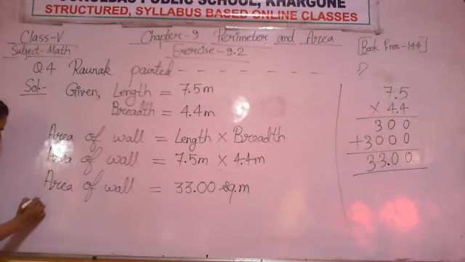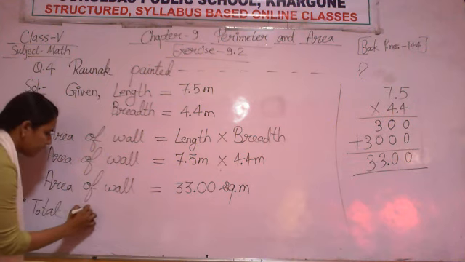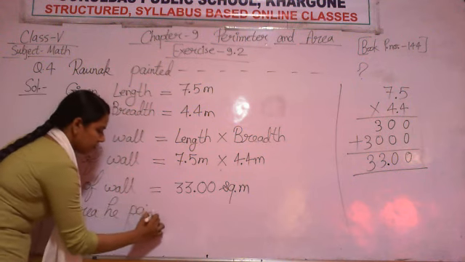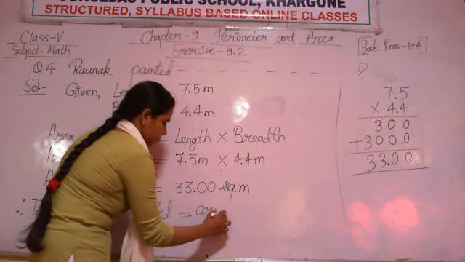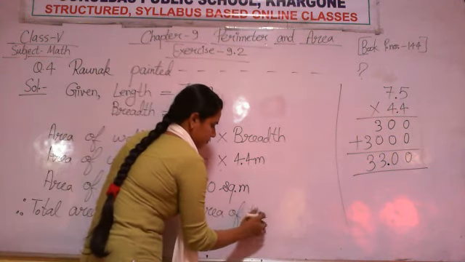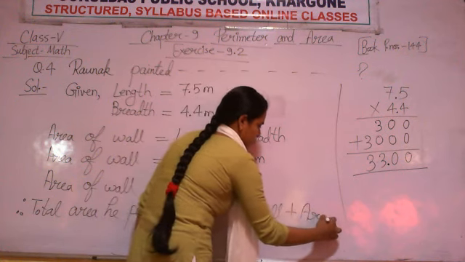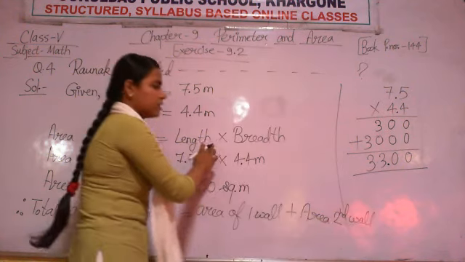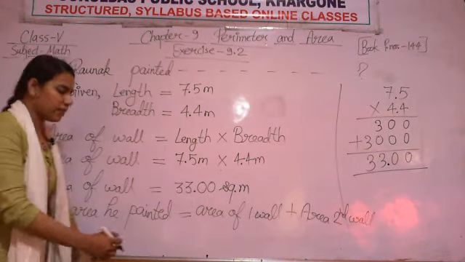Therefore, total area he painted is equals to area of first wall plus area of second wall. As the dimensions of both the walls are equal, their area will also be equal.